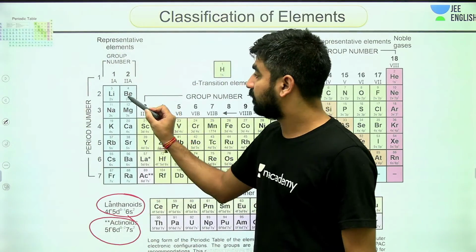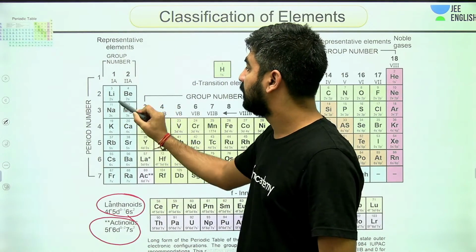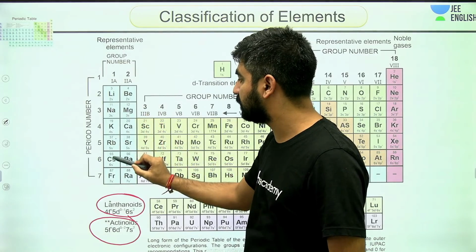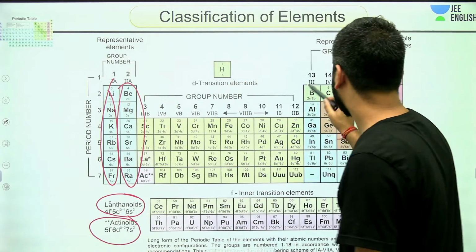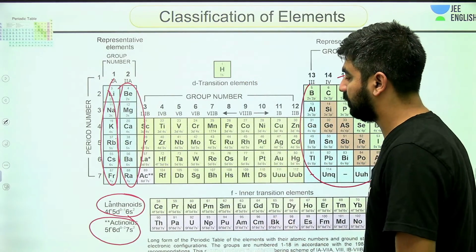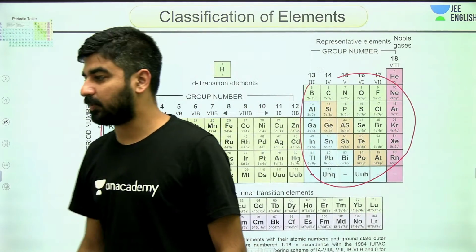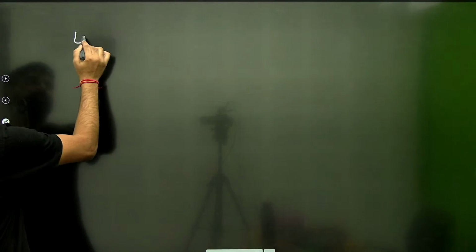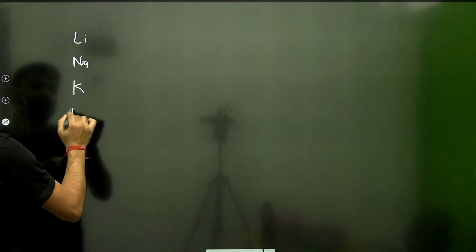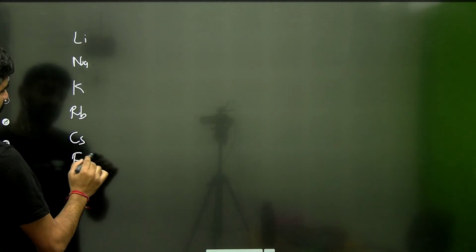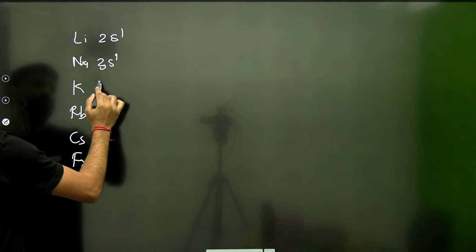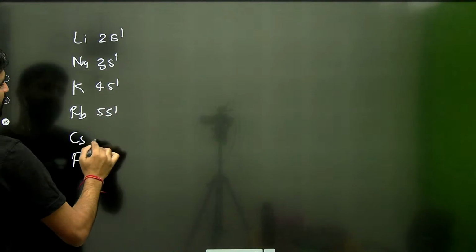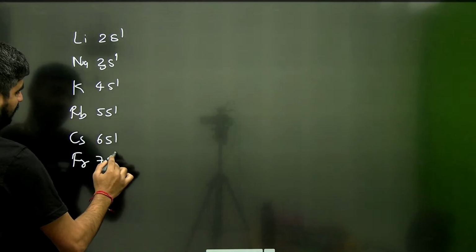If you look at this configuration, guys, it would be 2s1, 3s1, 4s1, 5s1. So these are all S block elements, these are all P block elements, and these are D block elements. So how can we distinguish them? Now I will tell you, guys. Yes, if I'm writing, the configuration will be 2s1, 3s1, 5s1, 7s1.